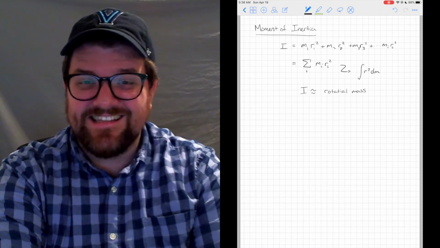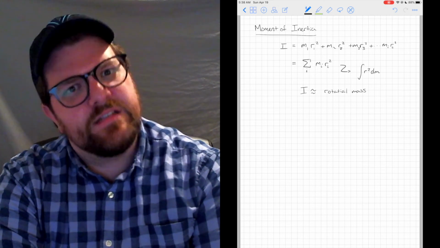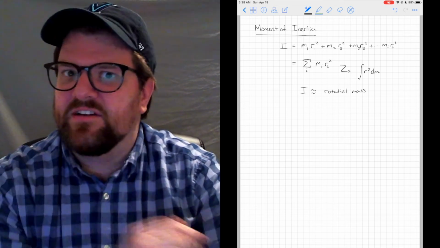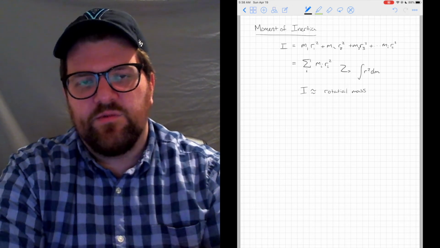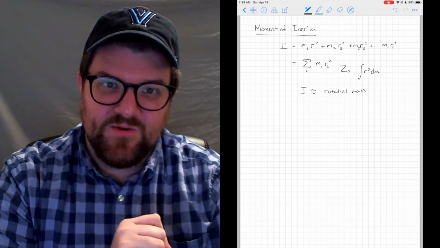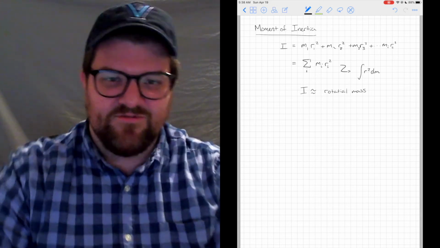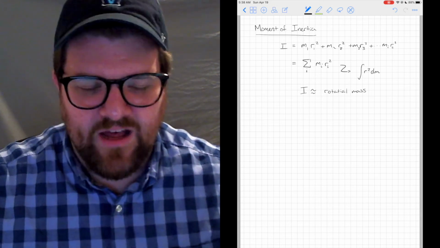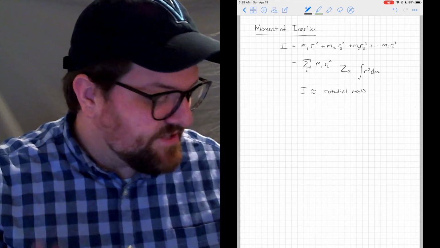That's the snobby way of talking about it, but that's the specific definition. I'm generalizing and smearing out some of the details when I say it's a rotational mass. So don't walk into your statics class and say it's a rotational mass. It's like a rotational mass. That's where I'm going to stop.